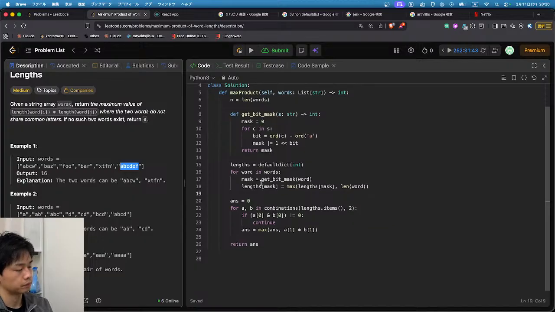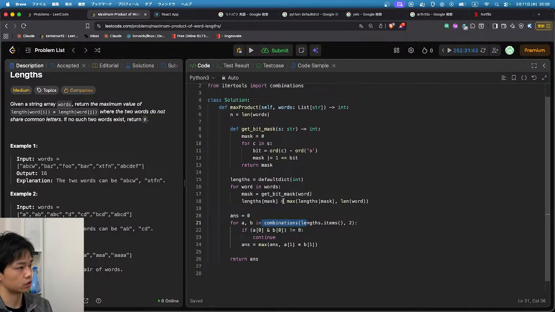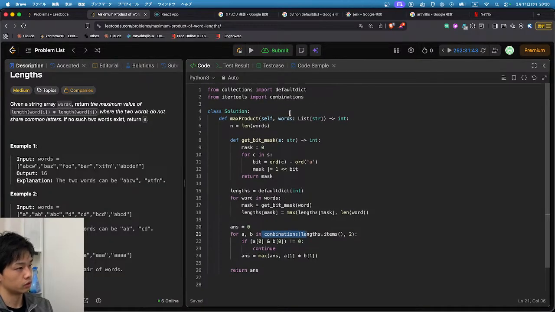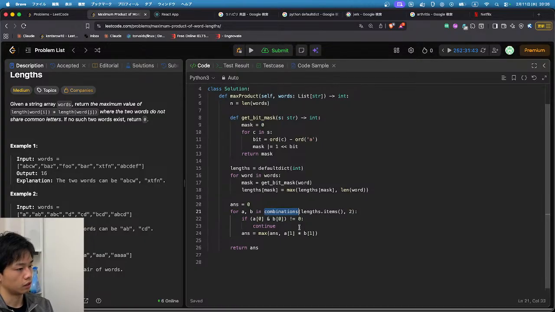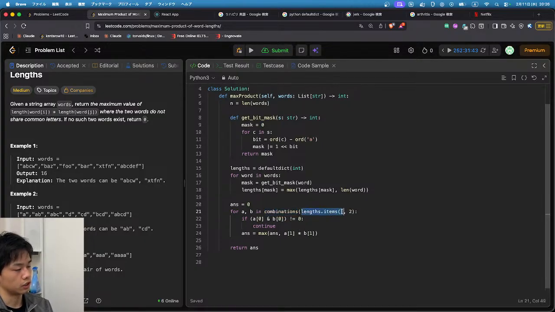And so basically we have to loop through each pair. So I use this combinations function from itertools. It takes an iterable, and we can specify the element number. So in this case, we can iterate through all pairs, all combinations.